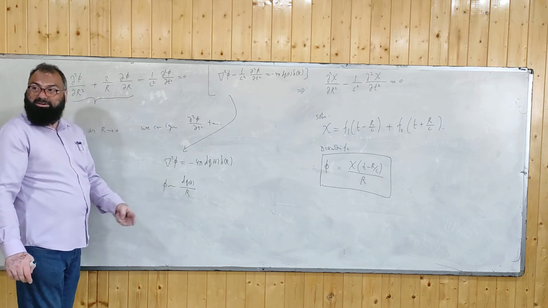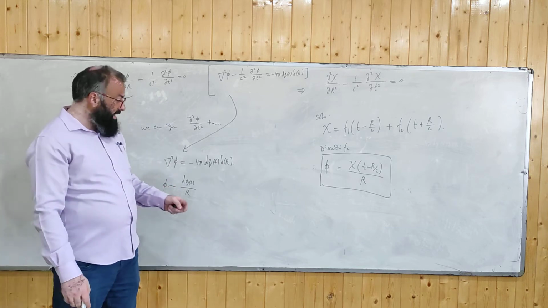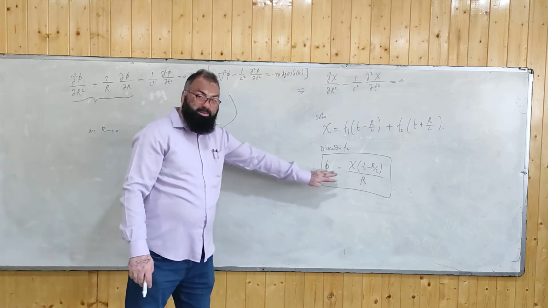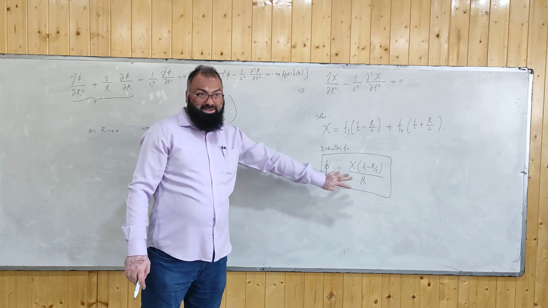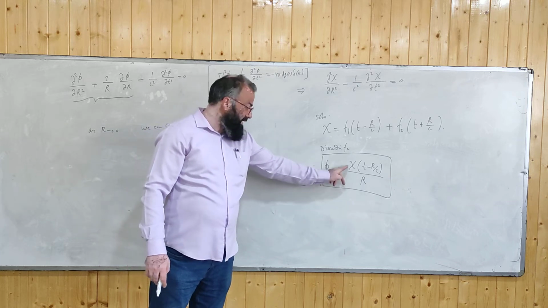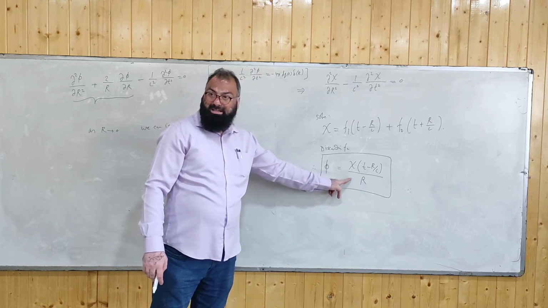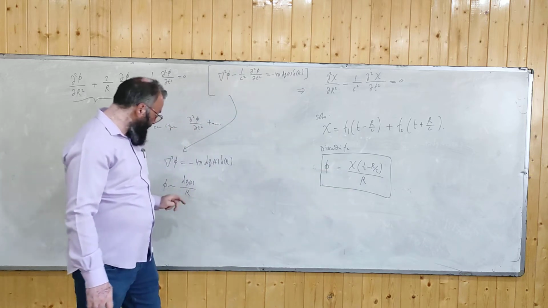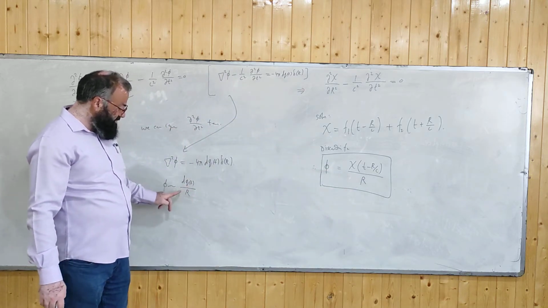Clear? So now I want to match the solution when r tends to 0. So this solution should match, is it? When r tends to 0, this solution should match. You have a 1 by r function. This phi is a function of 1 by r, is it? Yes, sir. So in this case, 1 by r.